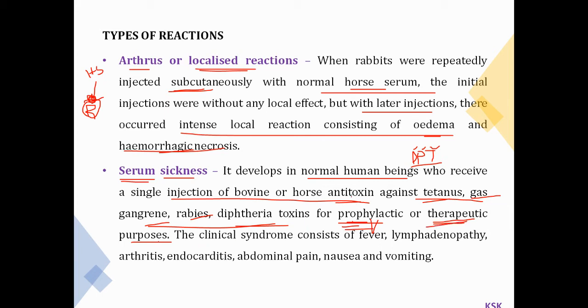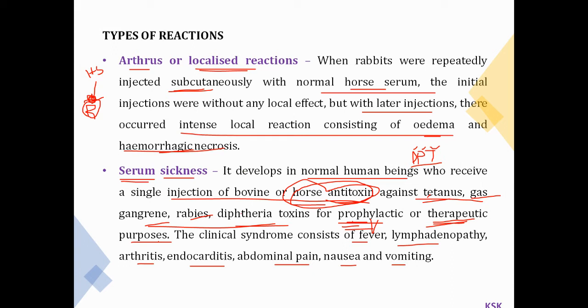Then what takes place? Suppose we give the horse antitoxin, against tetanus, gas gangrene, rabies or diphtheria. They cause fever, lymphadenopathy, arthritis, endocarditis, abdominal pain, nausea, vomiting.